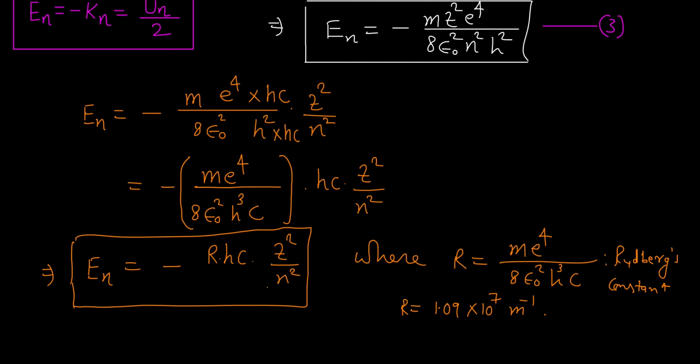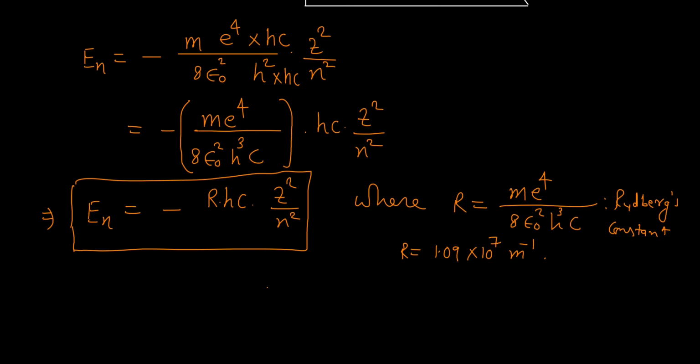One last thing before going. In this expression, if you put the values of every constant, because you know the Rydberg constant, the Planck's constant, the speed of light, and you convert that into electron volt, where one electron volt is defined as 1.6 into 10 raised to the power minus 19 joule.